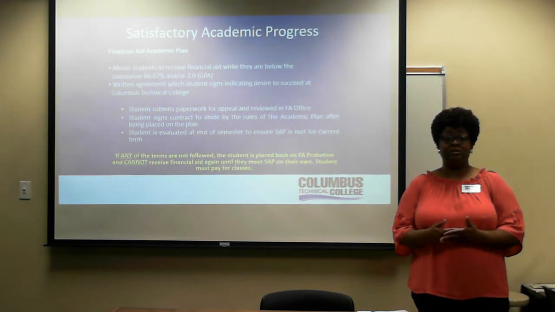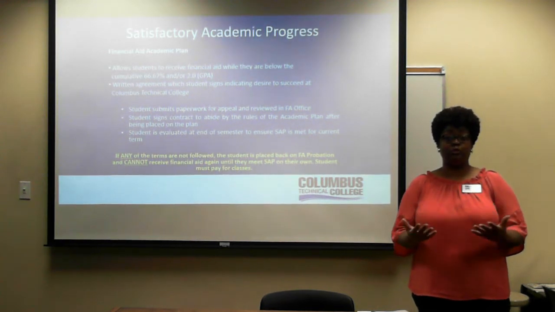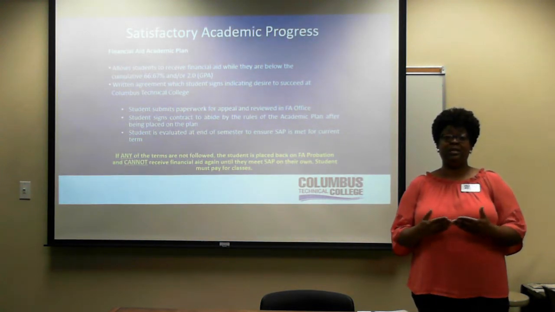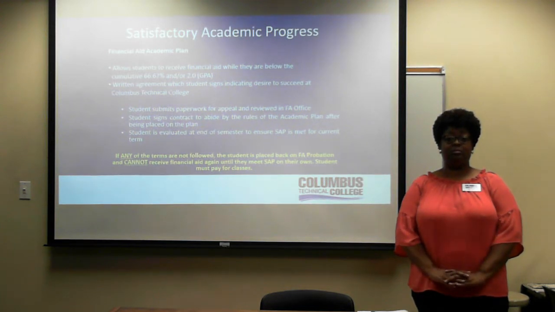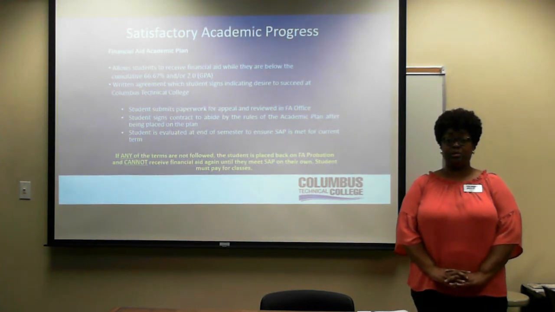And at the end of every semester, you're going to be evaluated to make sure that you're making progress towards meeting the 2.0 cumulative GPA, or to ensure that you're meeting the 66.67% completion rate. We have had very few students that did not meet the 150% rule.